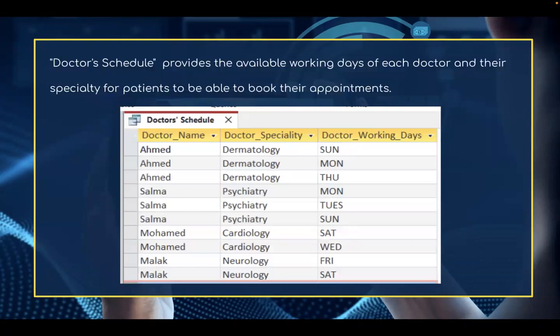This query also shows all the doctor schedules with the doctor specialty and each doctor's working days. So patients can book their appointments by looking at the working days and the doctor's specialty, which makes it easier for them to book their appointments.